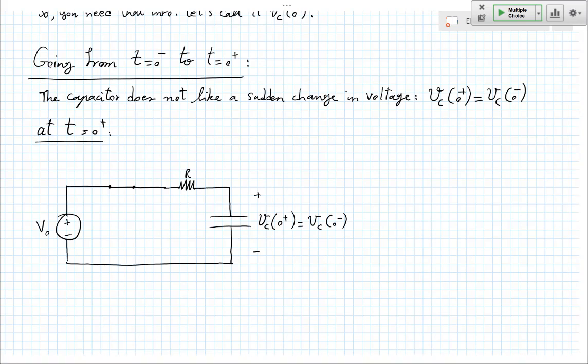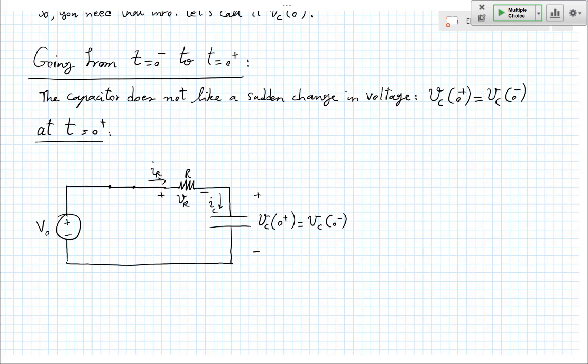Well, what does that tell us for the rest of the circuit? For instance, the value of Ic. Or Vr. Or Ir. So what is the value of Ic or Ir? Well, we have a circuit.